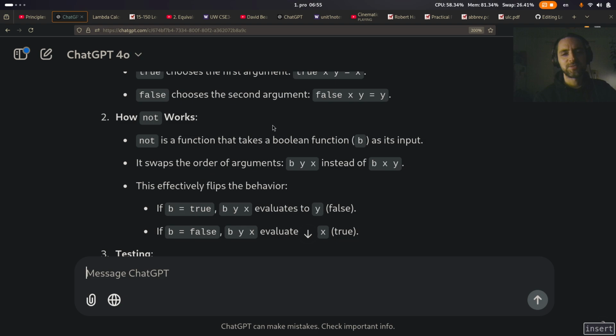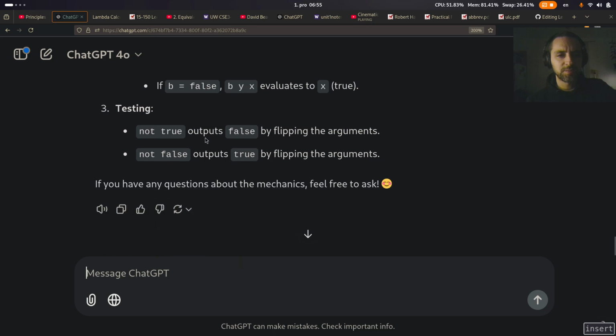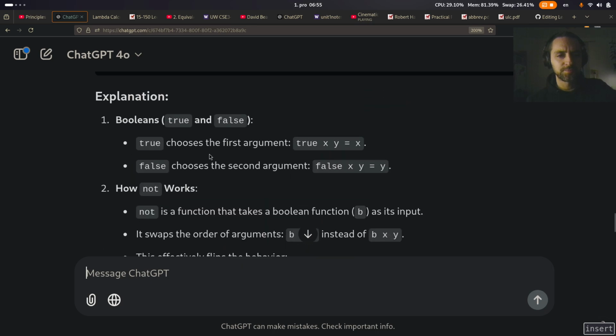I was thinking it takes true or false, but it takes a function which is a boolean as its input, and it swaps the order of the arguments: b y x instead of b x y. This effectively flips the behavior. If b is true, b y x evaluates to y. If b is false, b y x evaluates to x. Not true outputs false, not false outputs true.